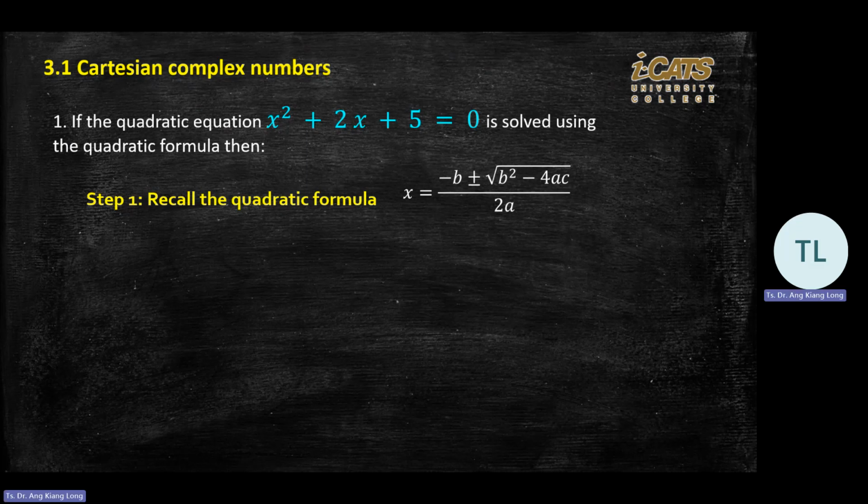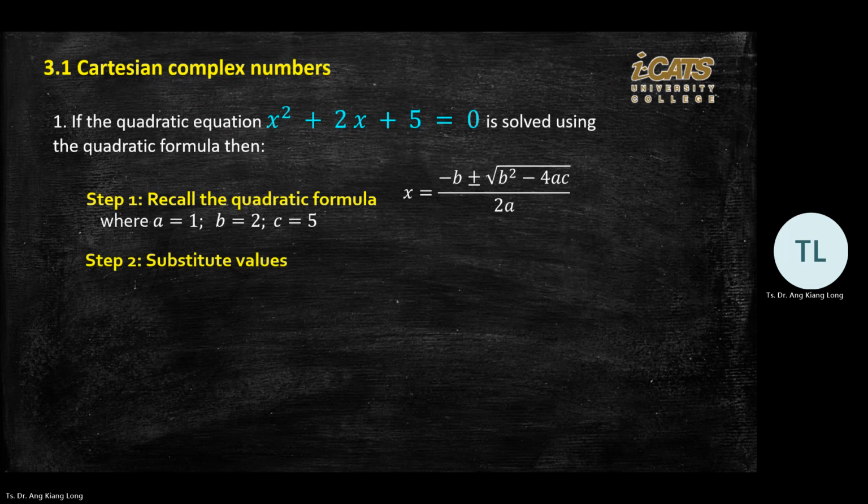So we work with Cartesian complex numbers. Let's say you have the quadratic equation x squared plus 2x plus 5. If you want to solve for the roots, you just plug in the a, b, c numbers, and then you solve it.